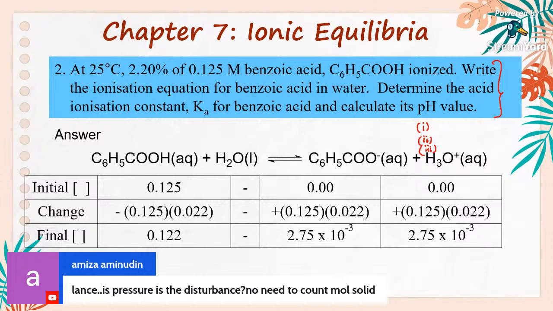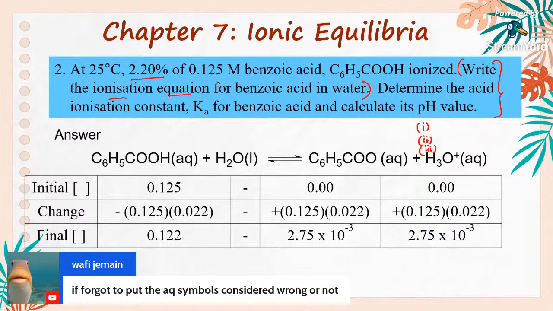Here you will see at 25 degrees, 2.20% of 0.125 molar benzoic acid ionized. Write the ionization equation for benzoic acid in water. This is one part. Of course, you will be writing it, isn't it?